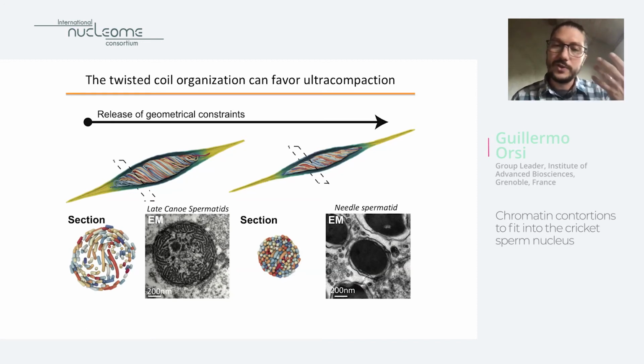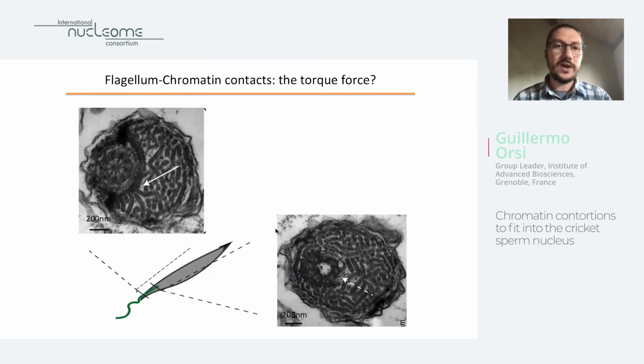So like I said, we don't really know what could be causing this torque, this twisting, but we do have an idea, which is that maybe the flagellum could be applying this force. This is purely speculative at this point, but what we do know is that there are chromatin fibers that become anchored to a cytoskeleton that is connecting the tubular flagellum to the chromatin.